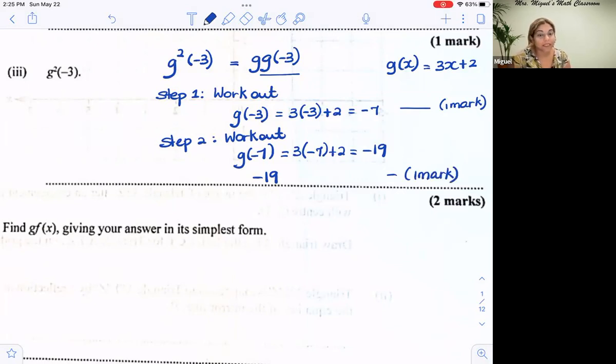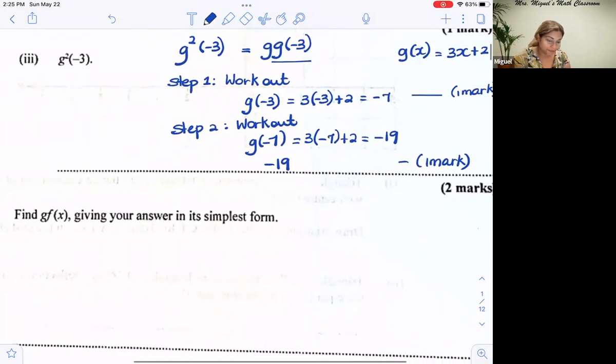So this is the first case of composite functions. They go on to ask you to find g of f of x. So now the f of x is what we call the inner function. So we put in the inner in the outer. So we start by writing the functions.